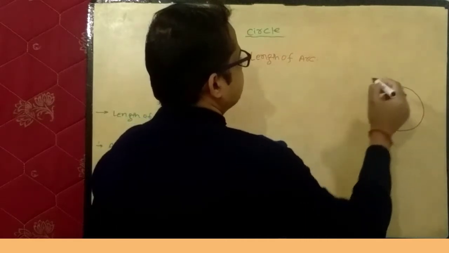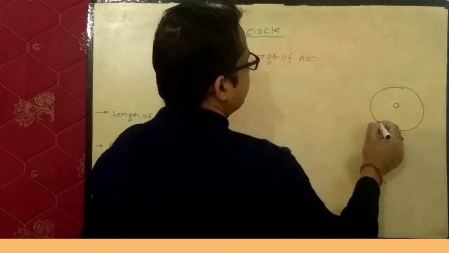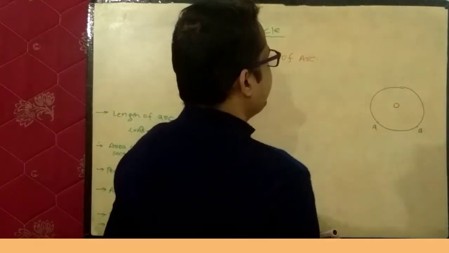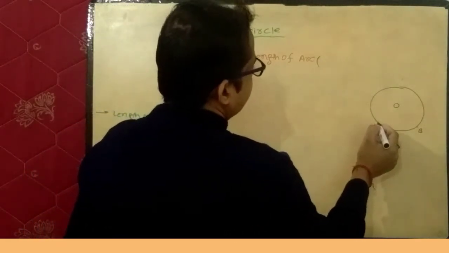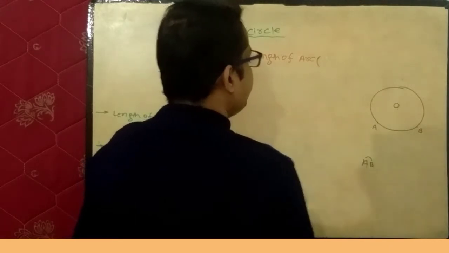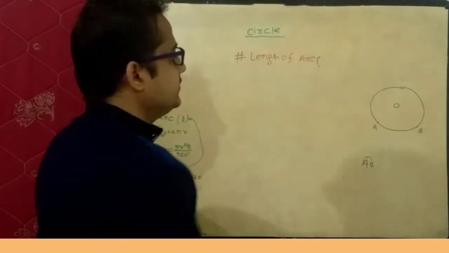Let us consider this is a circle having center O, and this is point A and this is point B. Suppose we have to find out the length of this arc AB.